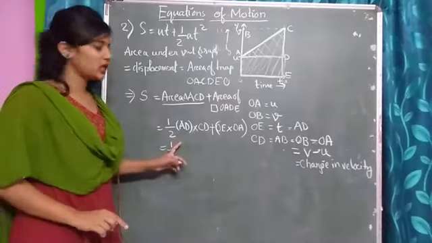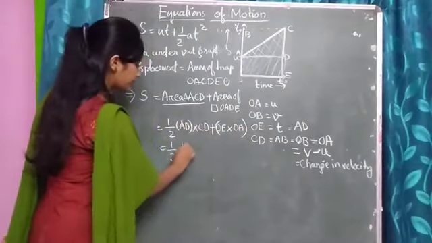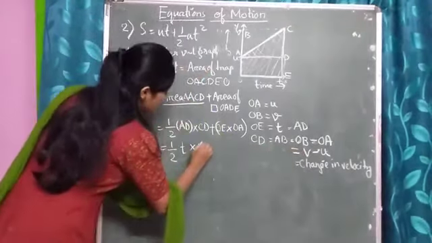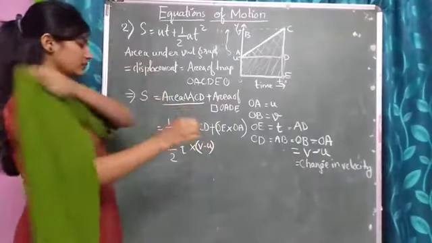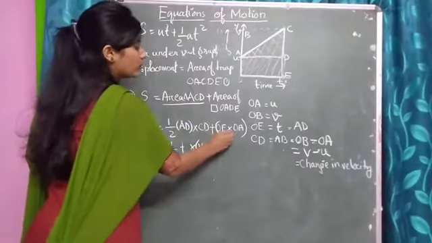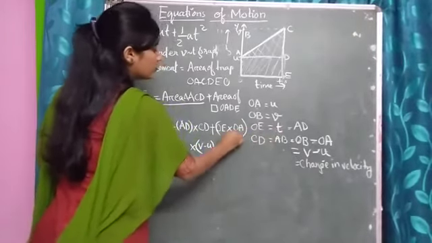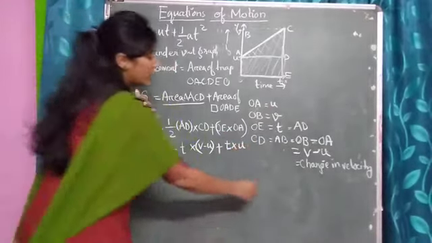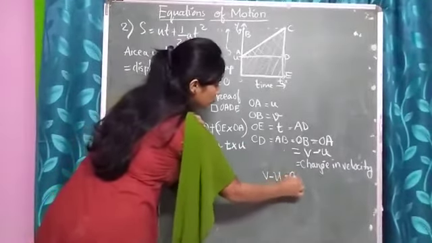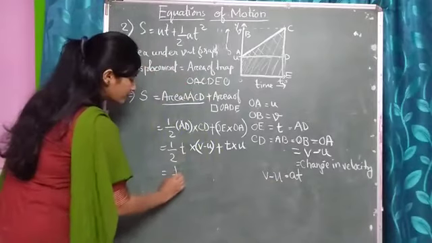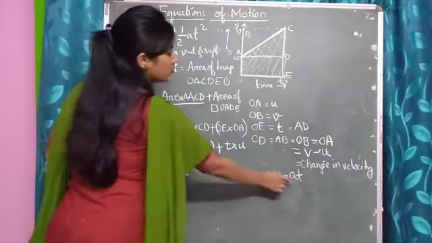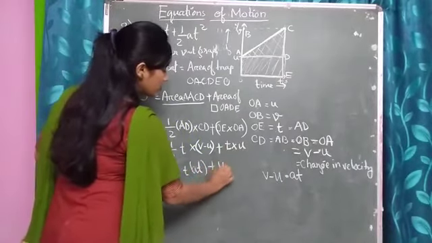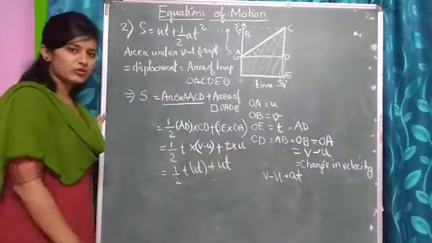So in place of AD, I will write T, and in place of CD, I will write V minus U. Then plus OE, which is T, into OA, which is U. Again here I will use one formula, that we know V minus U equals A T. So half into T, V minus U is A T, plus UT.